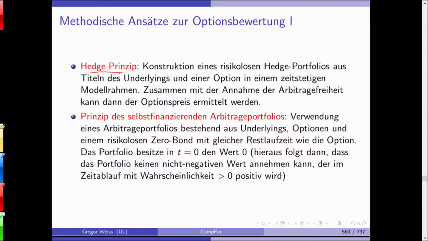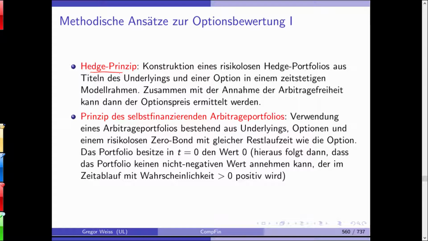If you think about the Black-Scholes model, you might remember this from my bachelor class, it's not really a duplication strategy. Does anyone know how you come up with the Black-Scholes model? What is the proof? It uses a delta hedge portfolio.